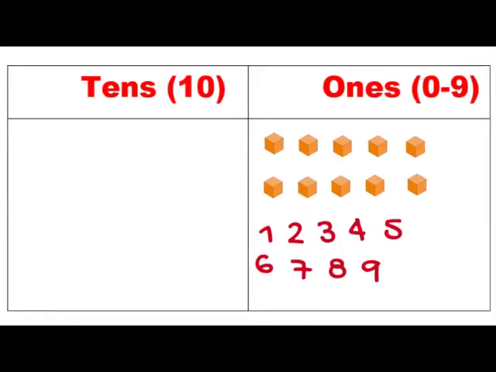What happens if I add one more? Oh, it makes it 10. So can I add one more? Tell me. No, I can't. Why? Because it makes it two numbers and the rule is that you only write one number in one column.